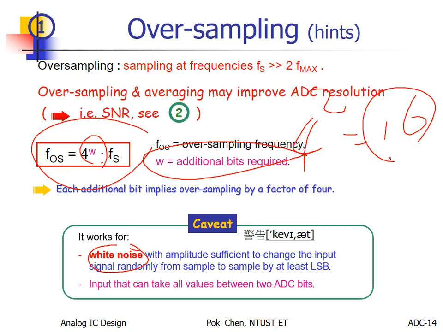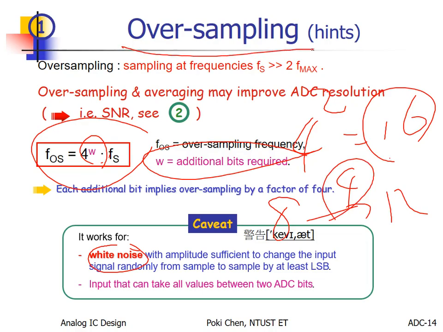For example, if you design an ADC with 8 bits and you say, hey, 12 is not far away, only 4 bits in between. So according to oversampling, you need to increase the sampling rate by 64. It doesn't make any sense.